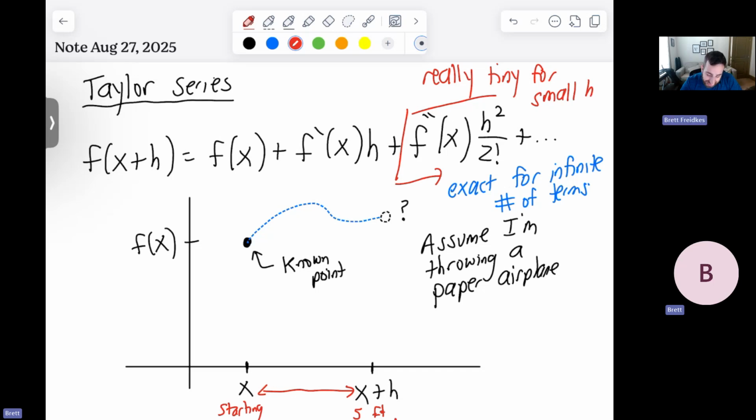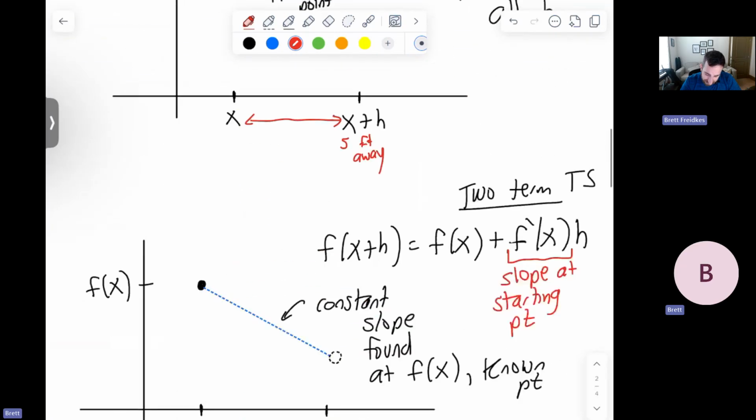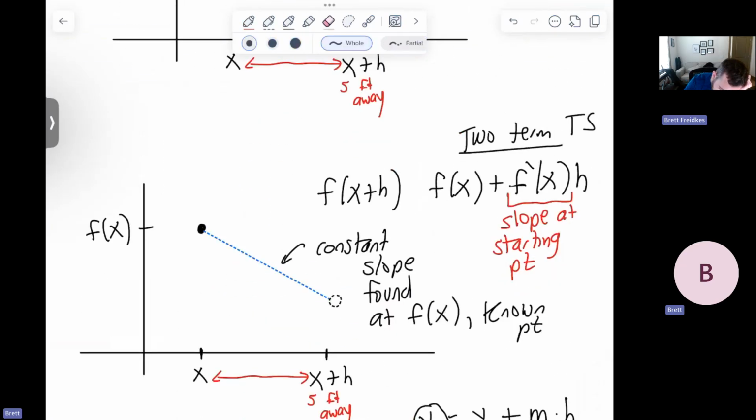Which means that if those are negligible, we can say that f of x plus h should be approximately equal to those first two terms added together if h is small.